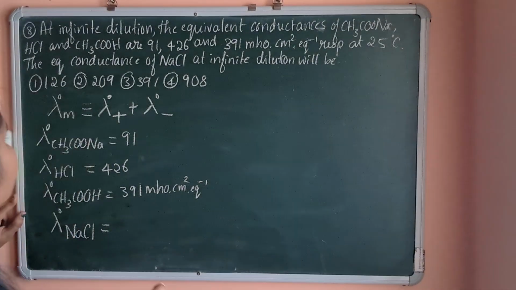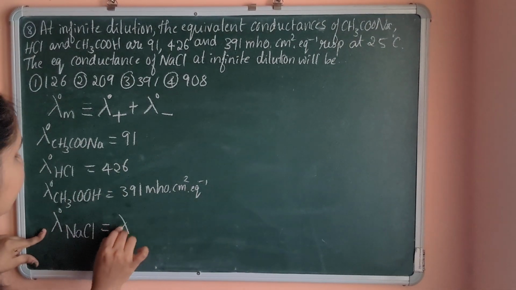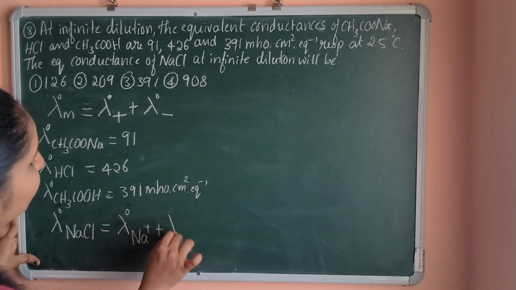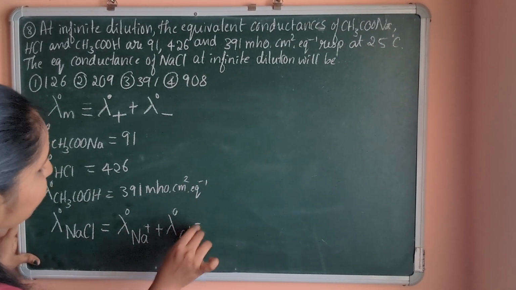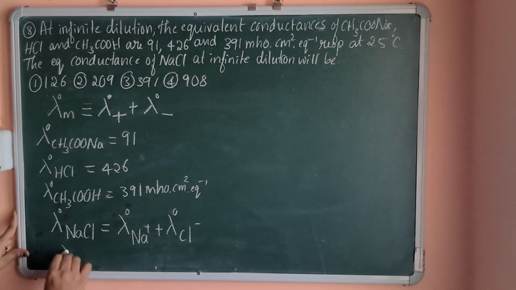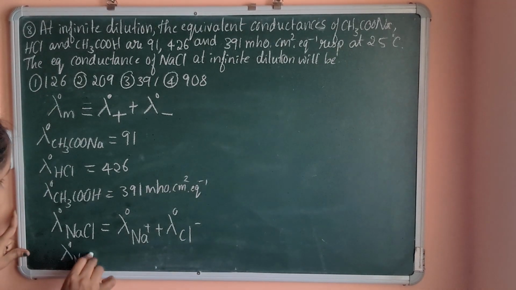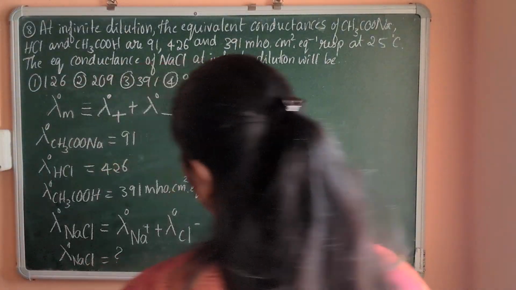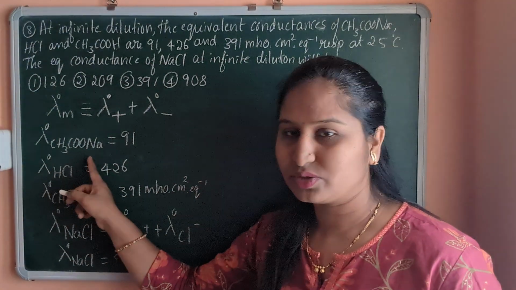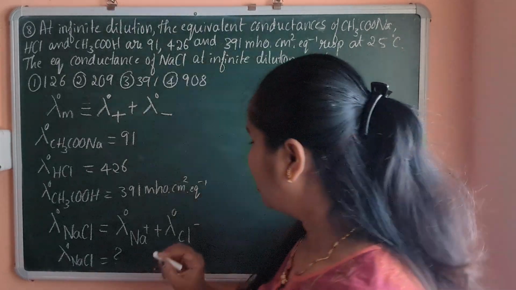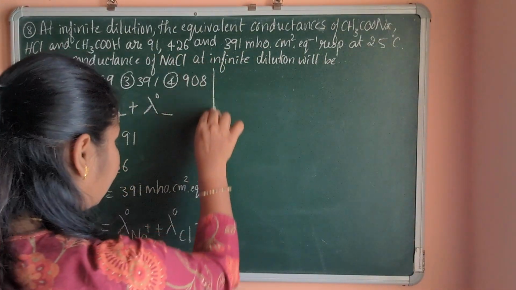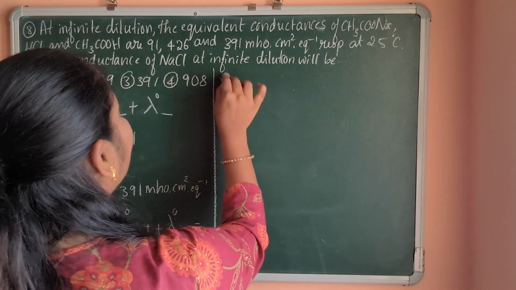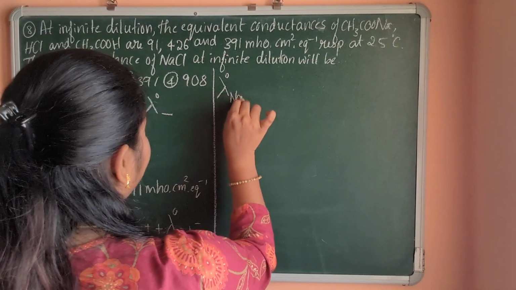That means for NaCl, the limiting molar conductivity of Na plus and the limiting molar conductivity of Cl minus has to be calculated.